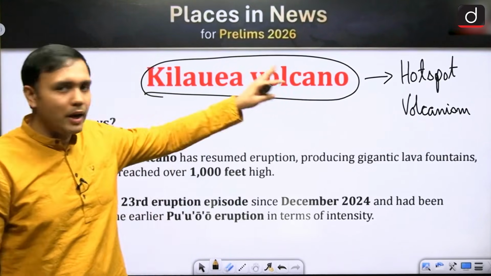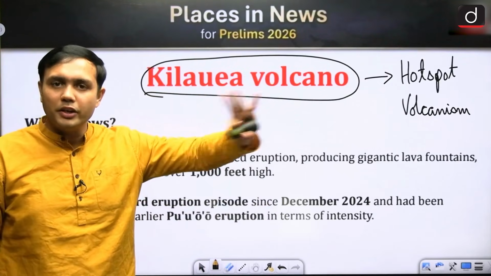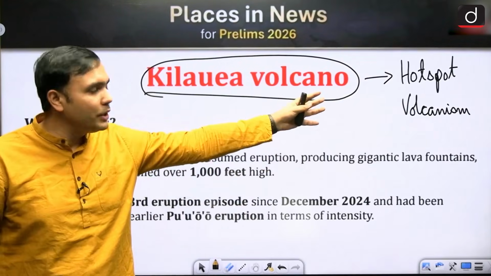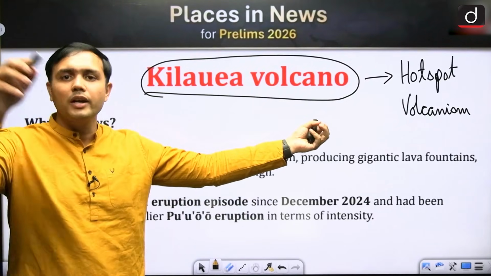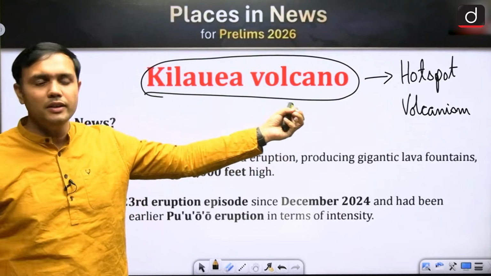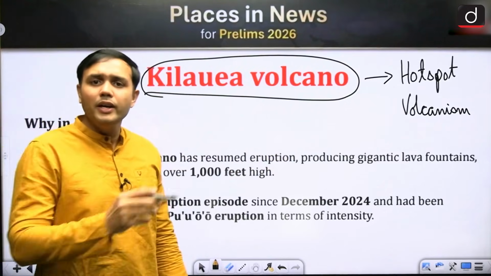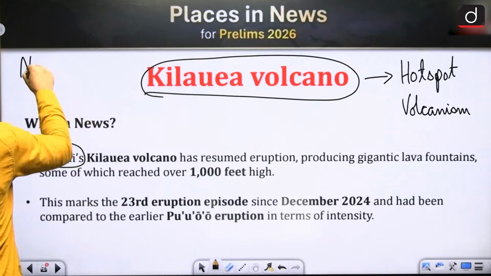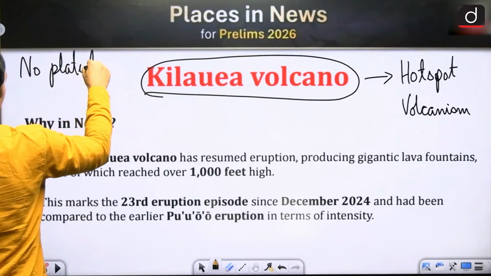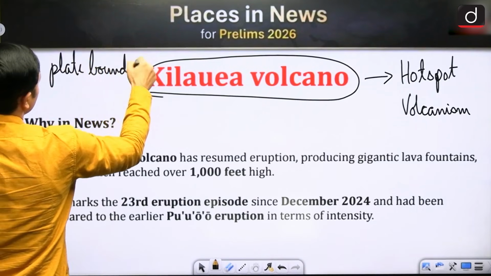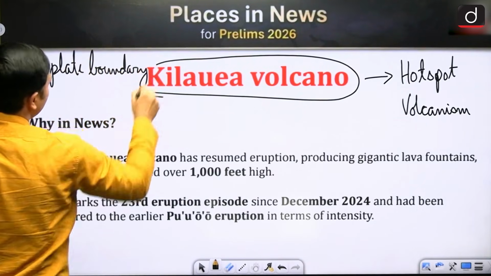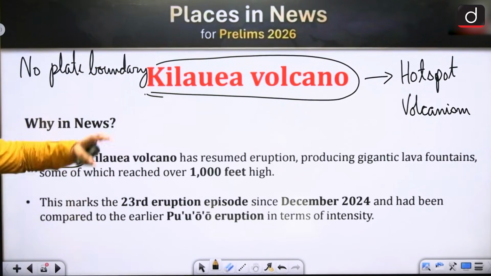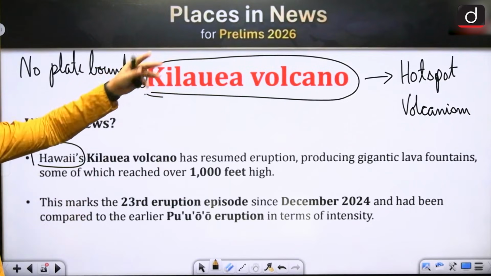So it might not be associated with any tectonic plate movement there. There is no subduction happening, but because there are hotspots due to the convectional current inside the earth, these volcanoes are forming. No plate boundaries are associated with this particular region. No convergence, divergence, no subduction is happening, still there are volcanoes.